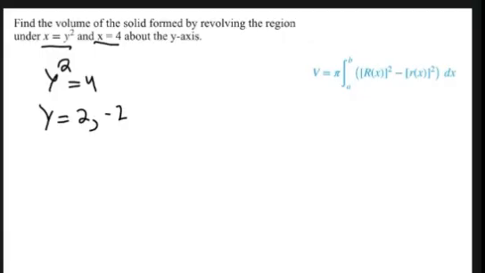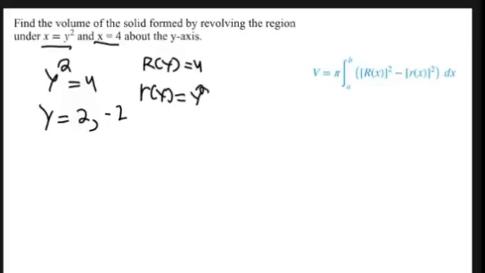So now because the region goes from x equals y squared out to x equals 4, when rotated around the y-axis, we get washers. The outer radius is the distance from the y-axis to x equals 4, so capital R equals 4. And the inner radius is the distance from the y-axis to x equals y squared, so lowercase r equals y squared.